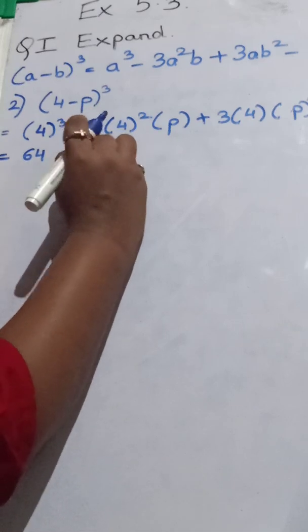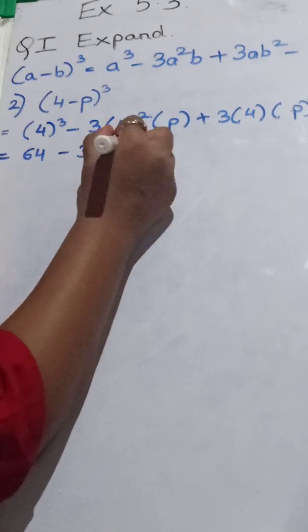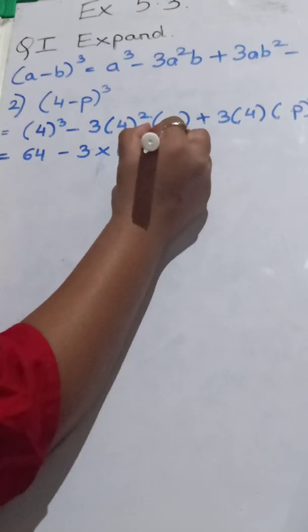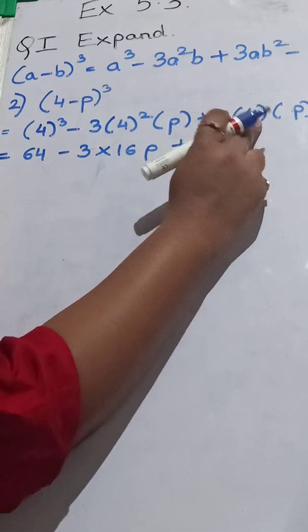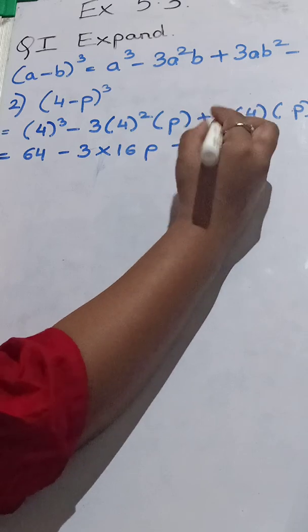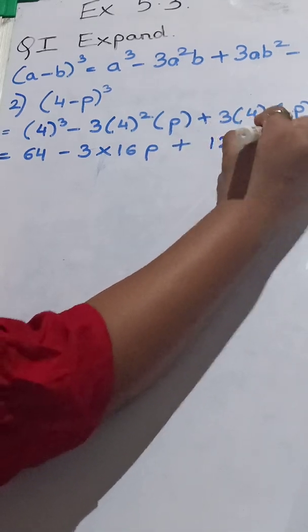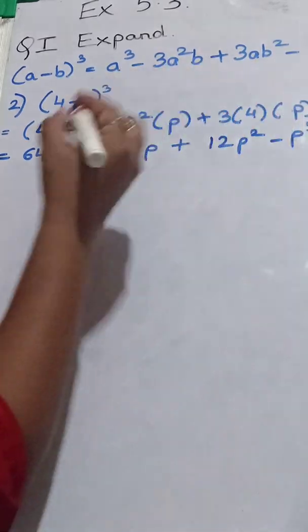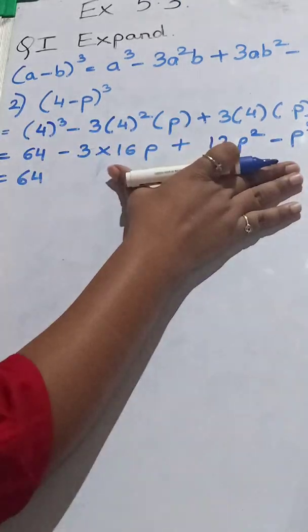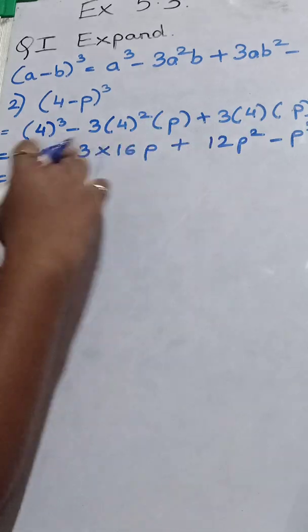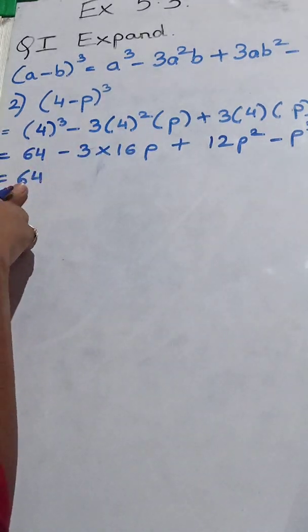4 fours are 16. So multiplied by 16 and this p, plus 3 into 4, that is 3 fours are 12 p square minus p cube. Okay. Then again now directly we are going to solve it. Brackets are open. Now directly start solving. So 64 comes as it is.